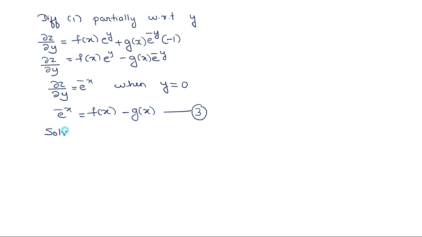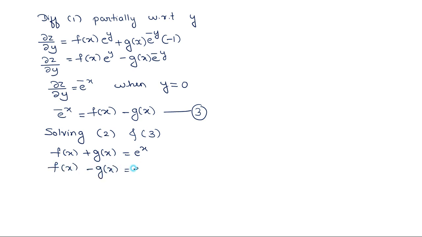So solving equation 2 and equation 3, we have f(x) + g(x) = e^x and f(x) − g(x) = e^(−x).